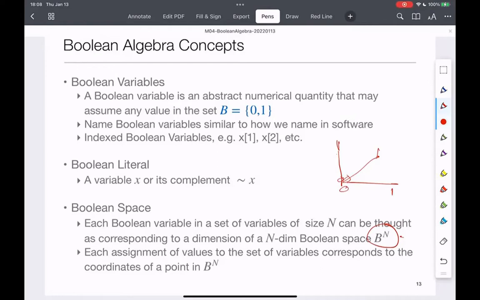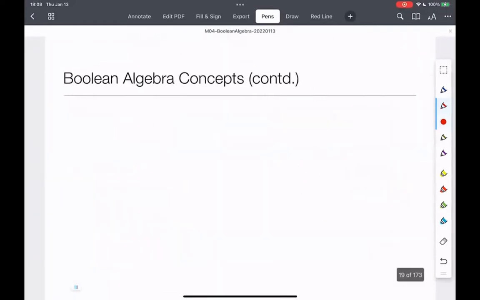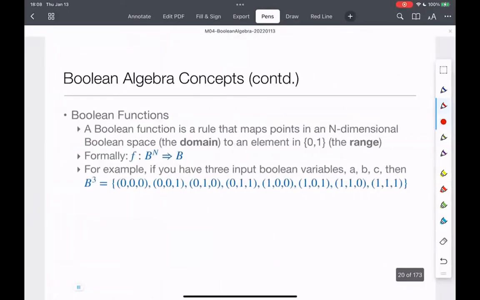So if I have 3 variables, and let's say those variables are, hypothetically, x, y, and z, then x equal to 0, y equal to 0, z equal to 0 would correspond to this point. So each point in this space is basically a particular assignment of values to those variables. So thus far, all straightforward. Continuing this, now, just like regular algebra, we have functions.